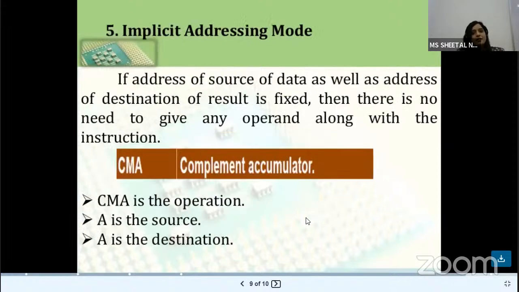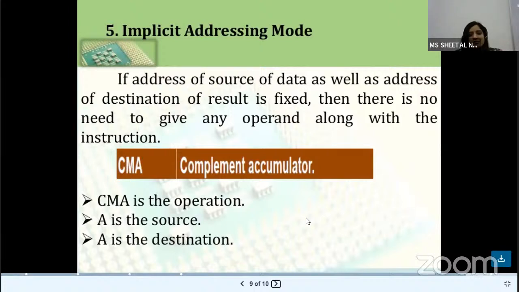Now the next and last one, the fifth, is implicit addressing mode. In implicit addressing mode, the operand is hidden, and the data to be operated on is available in the instruction itself. In this addressing mode, we don't have any 16-bit number, 8-bit number, or any register in front of the instruction.